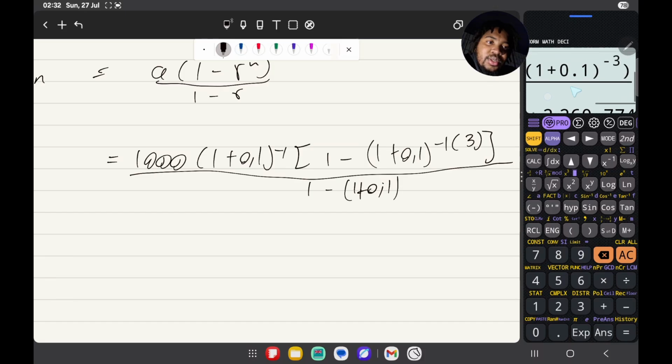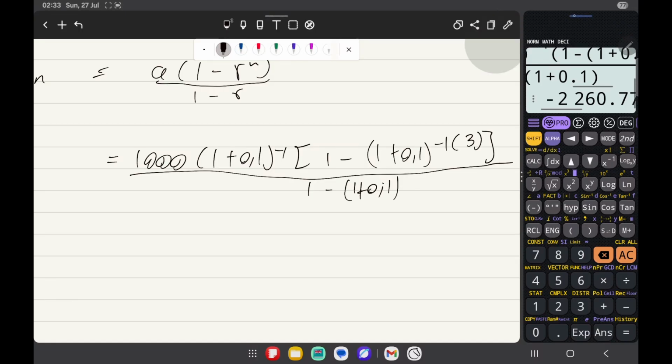We close the bracket, then in the denominator we have 1 minus (1 plus 0.1), and let's not forget the negative 1 here.